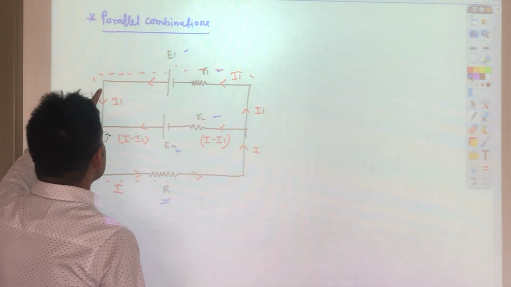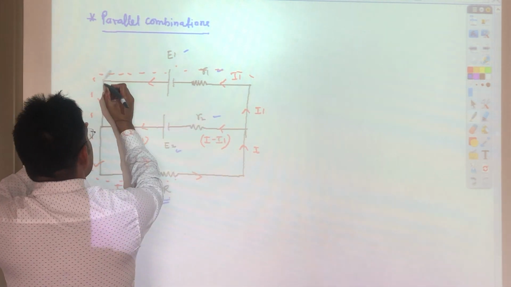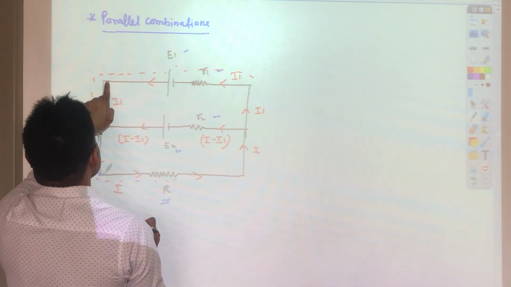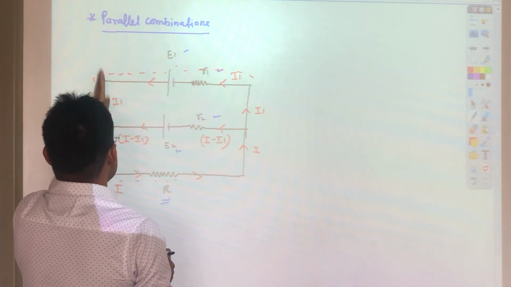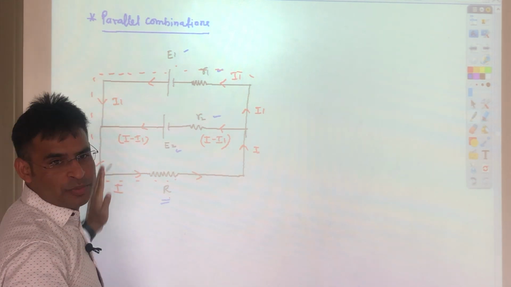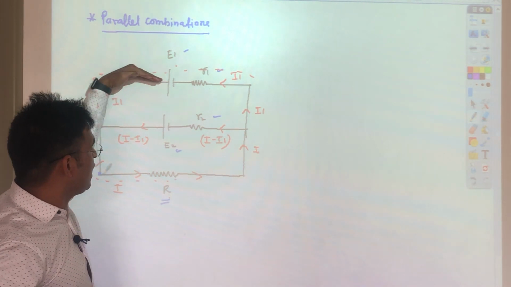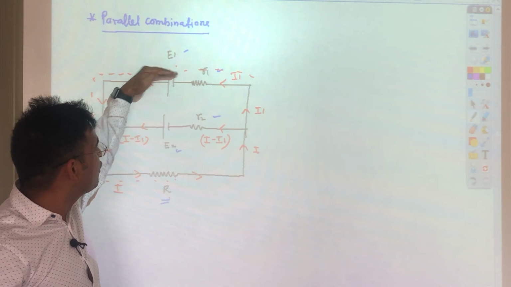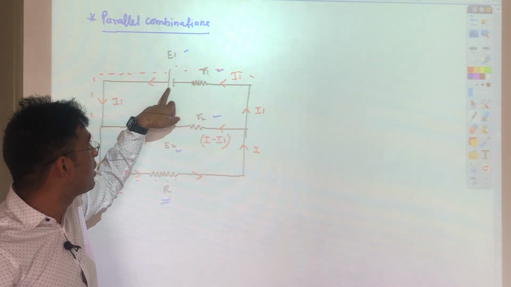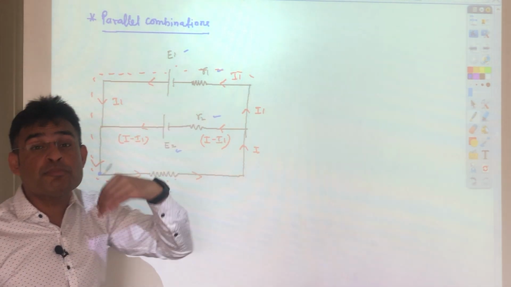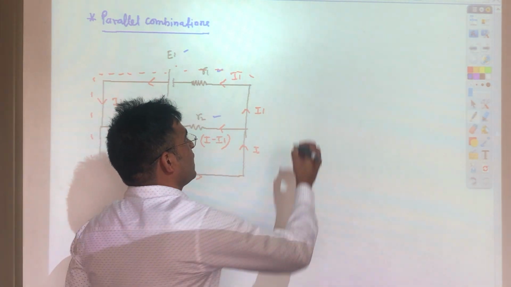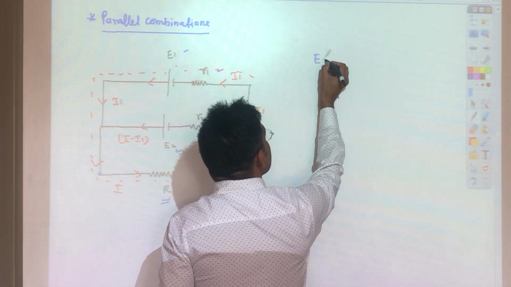So I start from this point. I reach here and didn't get any resistance, so I just move to this point. Now when I reach this battery, there is an EMF E1, and I first enter at the positive terminal, so this one is plus E1.